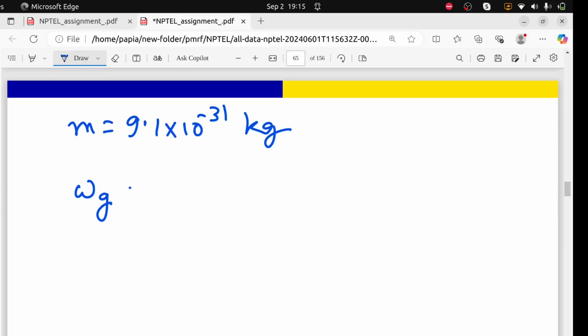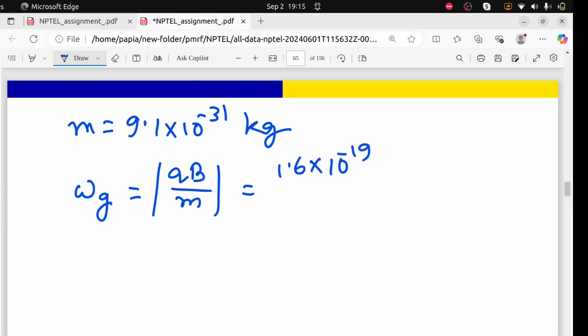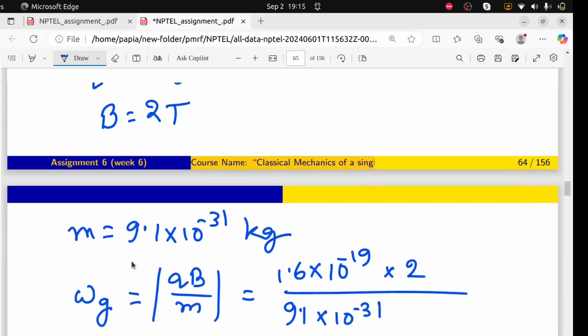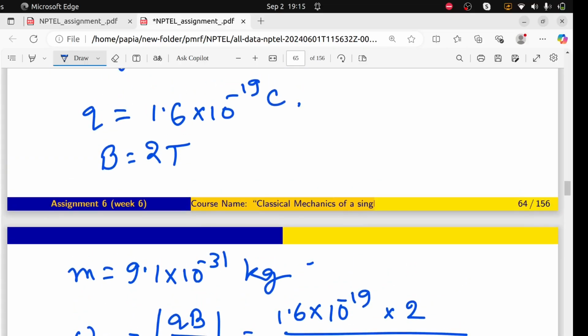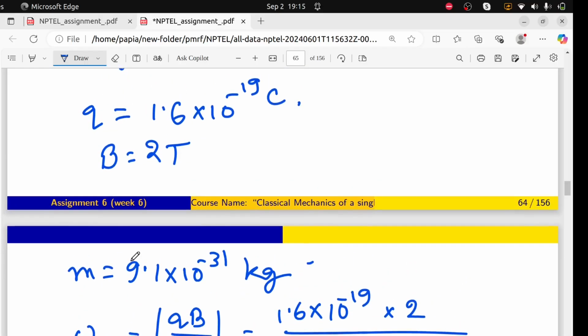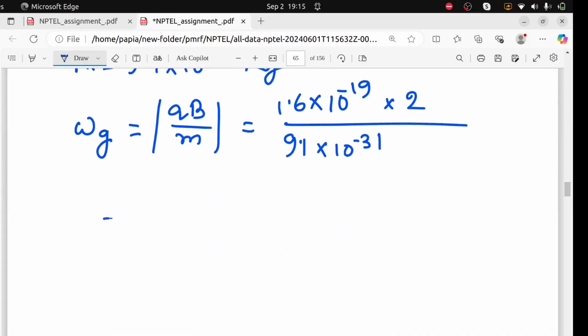Gyro angular frequency omega g, if I talk, then it is qB by m. So if I put all the values, you can see that all the things are in the units kg, Tesla and coulomb, so all the things are fine. So I don't need to change the unit.